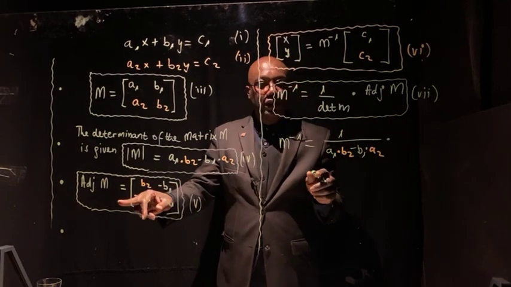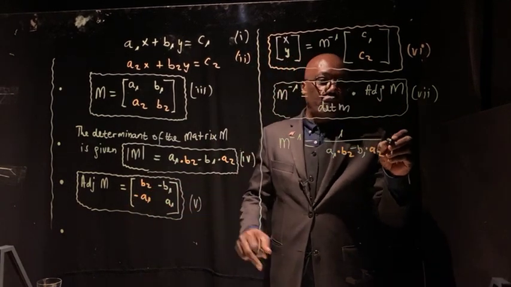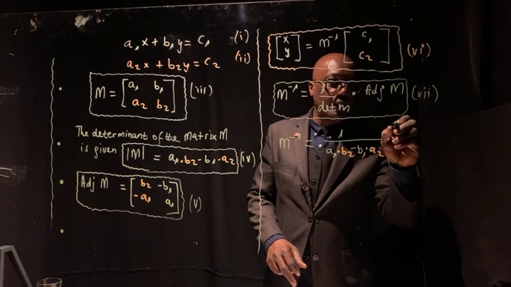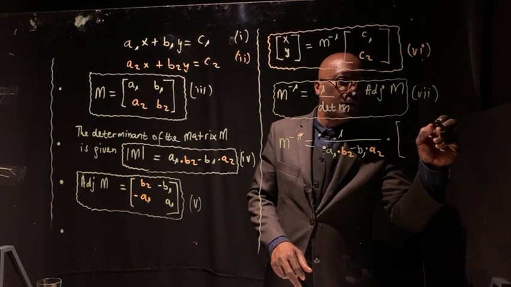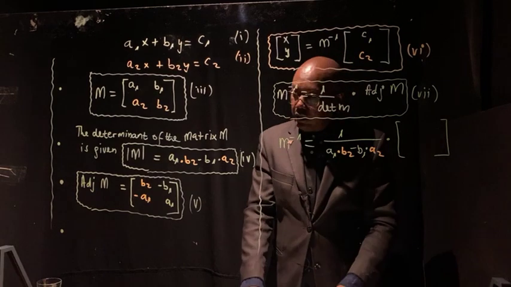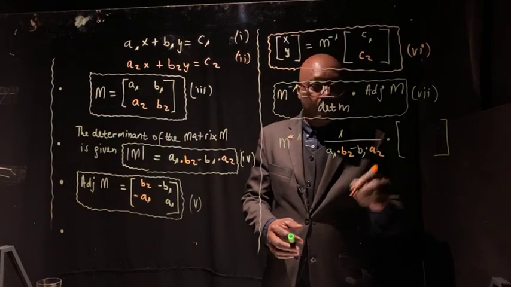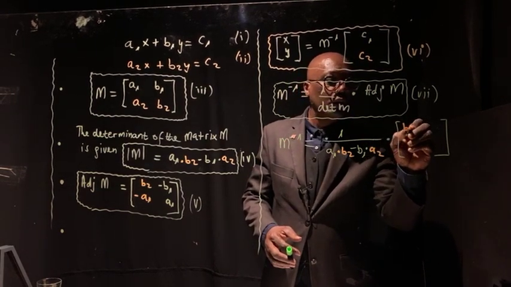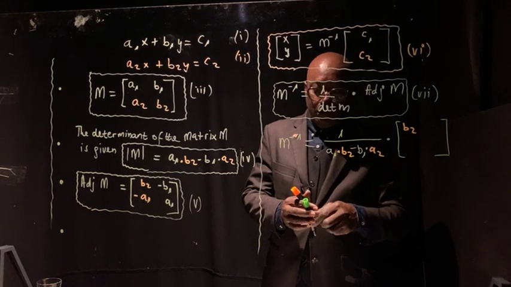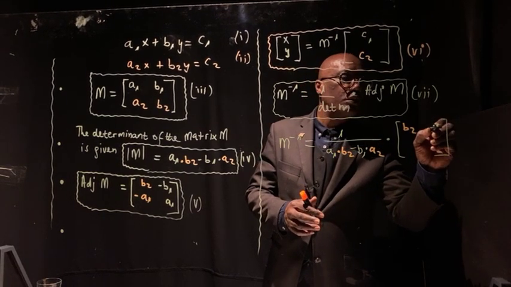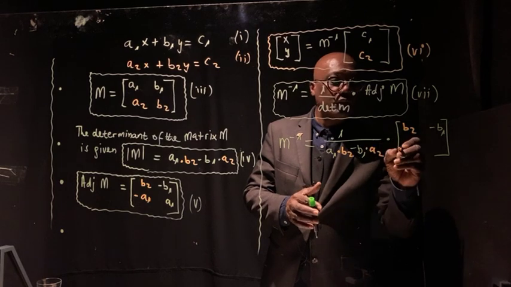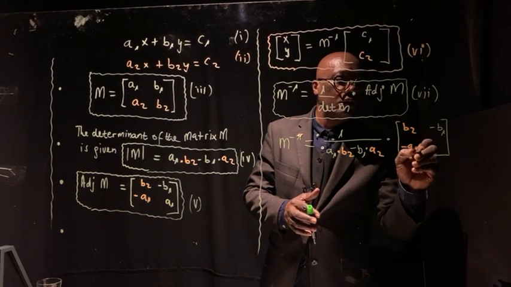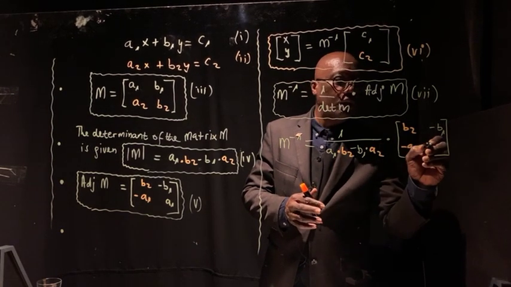What is the adjoint of M? The adjoint of M is this one, which is B2, minus B1, minus A2, A1.